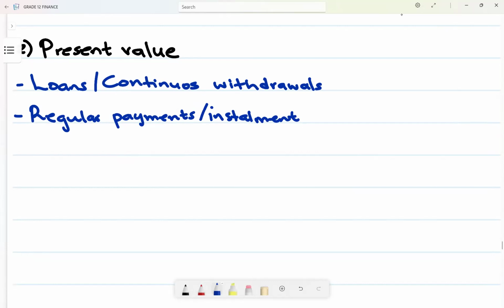This one is straightforward: a loan. Either you borrowed a loan for your house, or you took a loan from Volkswagen for a car, or whatever the case.